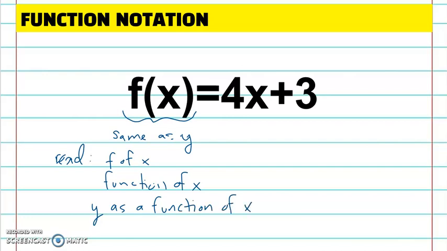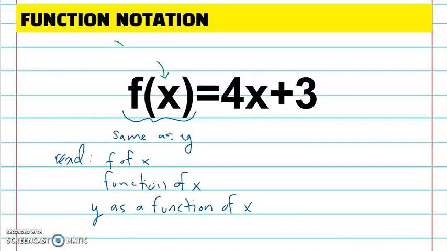All of those ways just tell us it's a function. A function means that x values don't repeat. Each x has one y. So we're saying f of x equals 4x plus 3. Any x I put in will only give me one y value out of it. That's what it means.